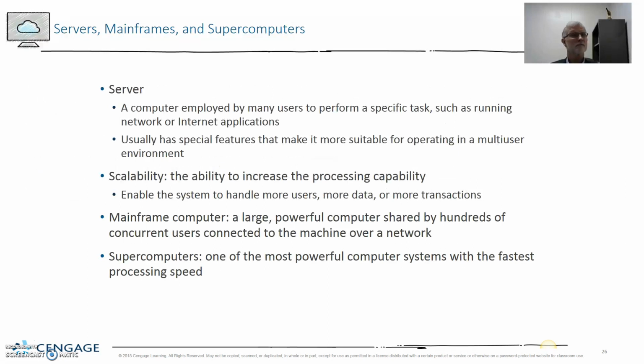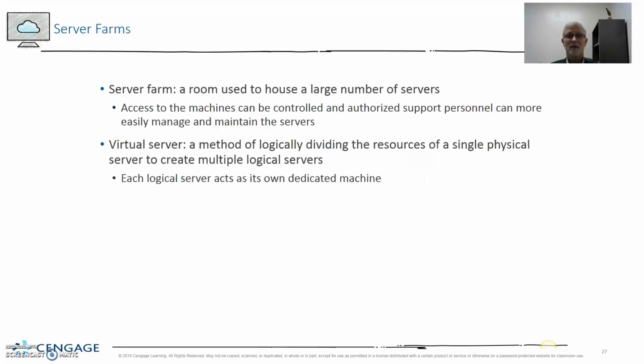Servers and mainframes, all of these are larger, bigger computers, faster, more power, more memory, more processors, more CPUs to handle more complicated tasks. Server farms, like I said, you've got Google, Apple in the area, housing large amounts of servers. Virtual servers, some of you will be exposed to virtual machines.